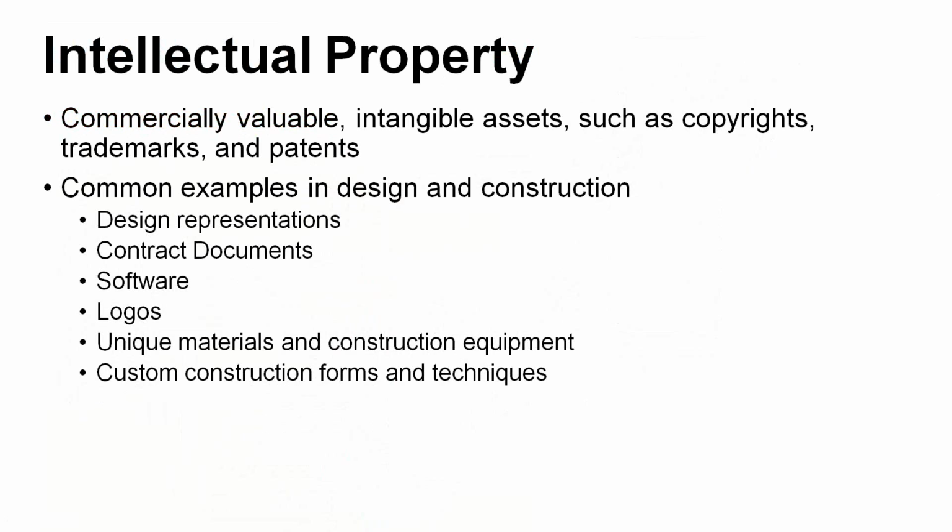And then when we get into the construction phase, we come across some other types of intellectual property when we're dealing with those types of unusual construction applications. In some instances, those may be patented, and it's very important, especially for the specifiers, to understand if something is going to be included in the contract documents that is subject to intellectual property of someone other than the design team.